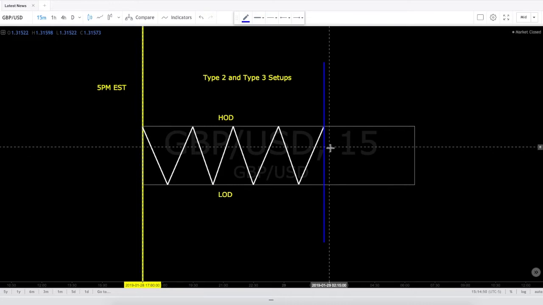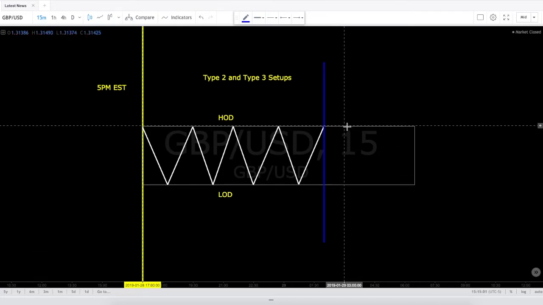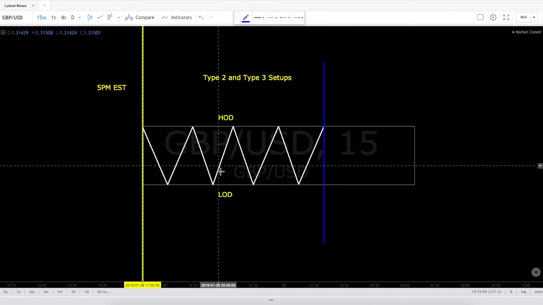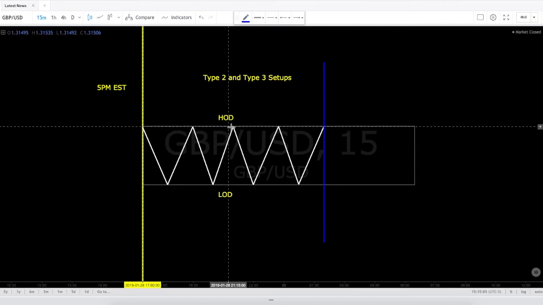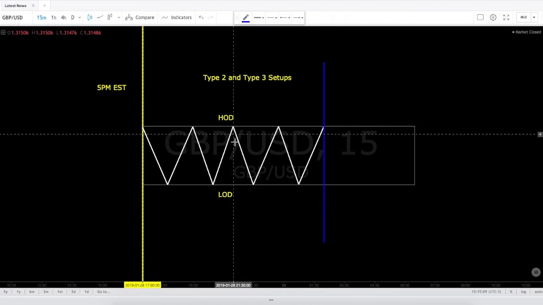Now, when it comes to a type 2 setup, what are we looking for? We're looking for price to either be at the Asian low, the initial low, or the initial high of the day, within this parameter that's originally set by market makers during the Asian session.